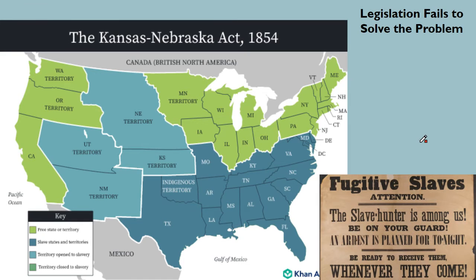Now, after the Wilmot Proviso failed in 1850, there was a compromise reached between the Northerners who were against slavery and the Southerners who were pro-slavery. This Compromise of 1850 admitted California to the United States as a free state.